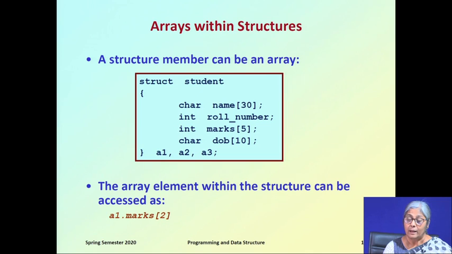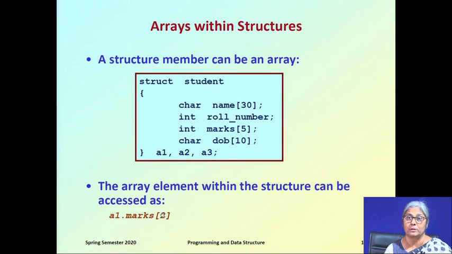Now, arrays within a structure, that we have already seen. Within this structure, say name, date of birth and marks are of array type. So, the array element within the structure can be accessed as A1.marks[2], where A1 is a structure variable.